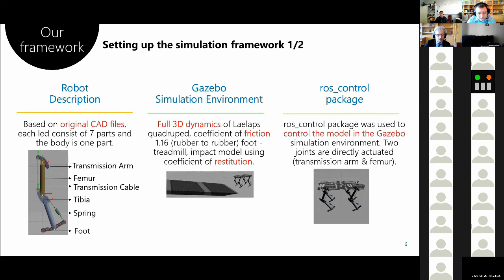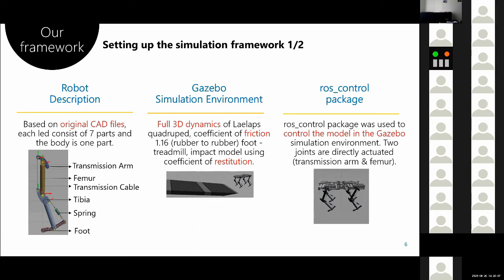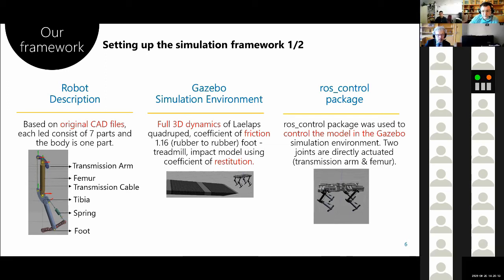Yes. First of all, we haven't tested it on the Laelaps robot yet. In fact, this is ongoing work that we are trying to do now. But the environment we have created has all the torque limits of the real robot, and has the same coefficient of friction between the ramp and the robot leg, so the robot foot.